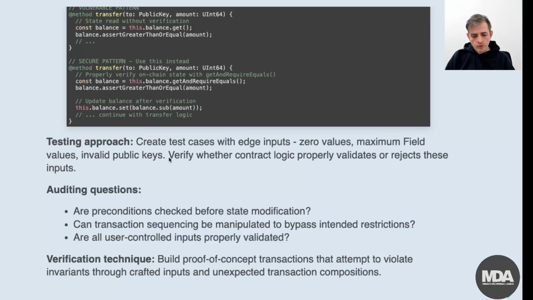Remember that if somebody wants to attack your code, the main way that they can do that is by crafting the input to your code in such a way that it will cause problems. In order to verify this, the best way is to create some unit tests, build some proof of concepts using transactions that will break these invariants.